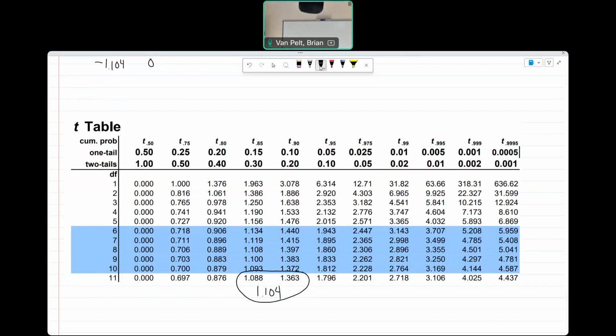Is this a 1 or a 2-tailed test? 2-tailed test. So I'm going up here to this guy, and up here to this guy. What do I do with those numbers? Take the average. That thing there is our p-value.